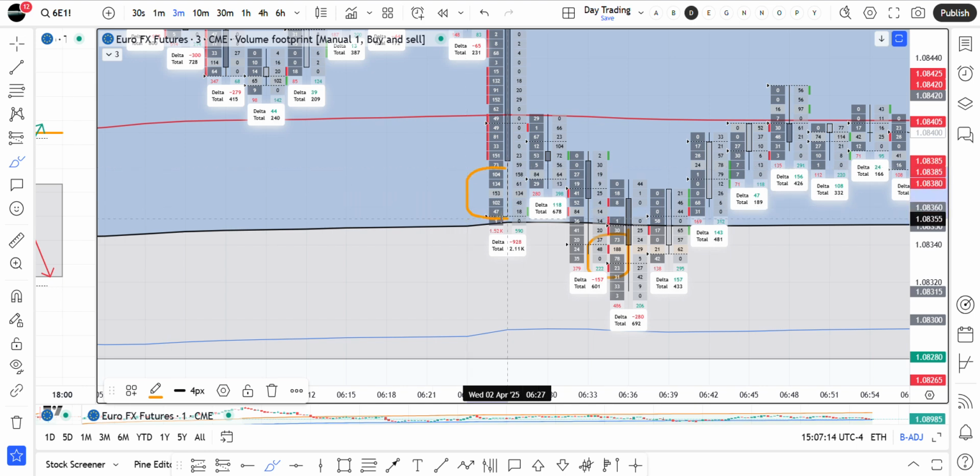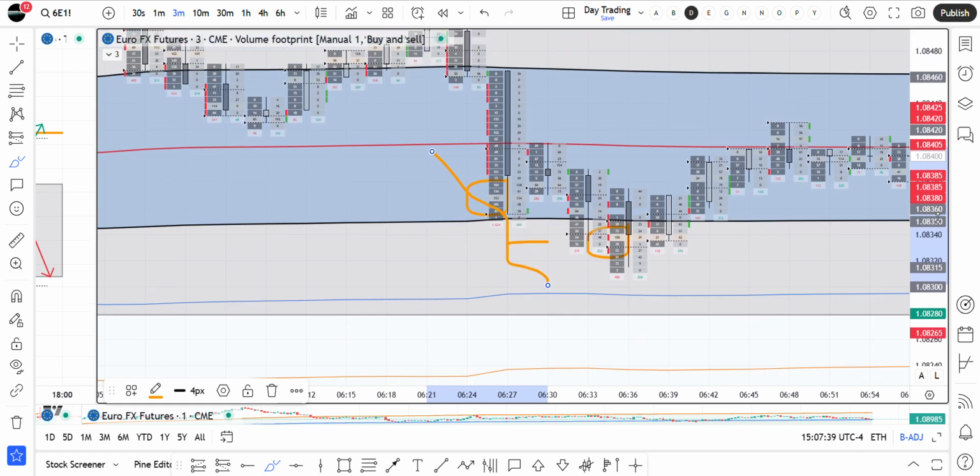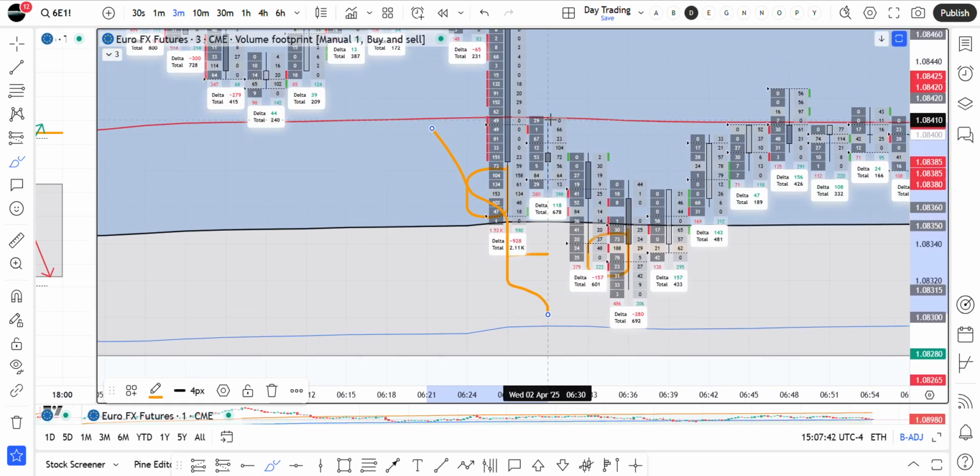Here again, large amount of quote unquote selling, but the market's not rewarding them. They did get rewarded for this selling, but for what is it? 900 delta. So for 900 extra contracts short, you only move this much. I don't think that's much of a reward.